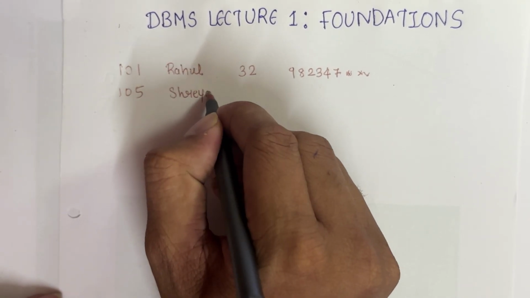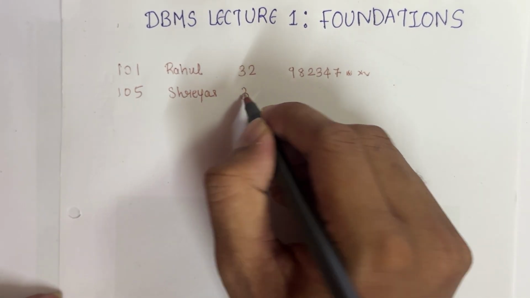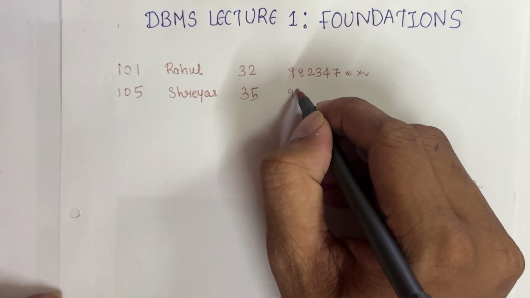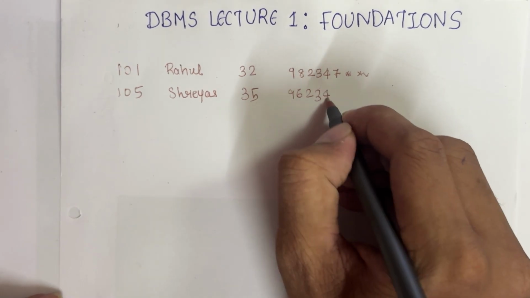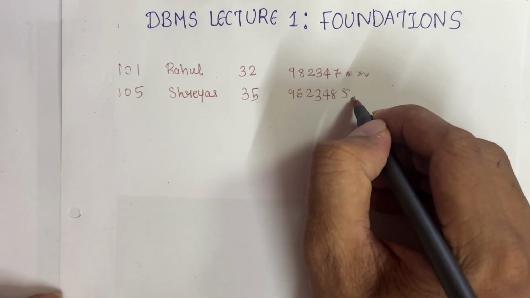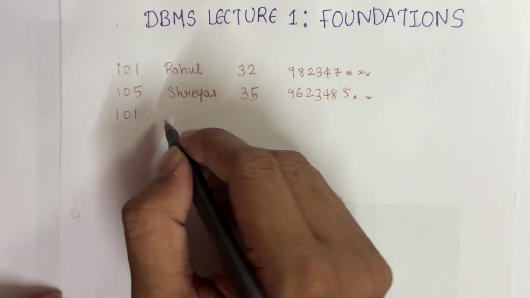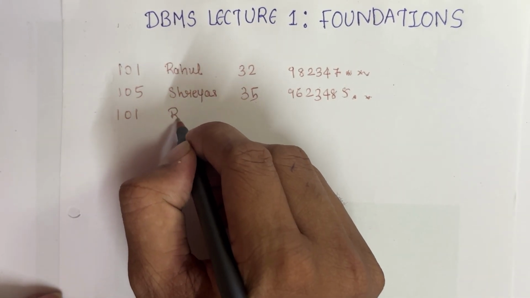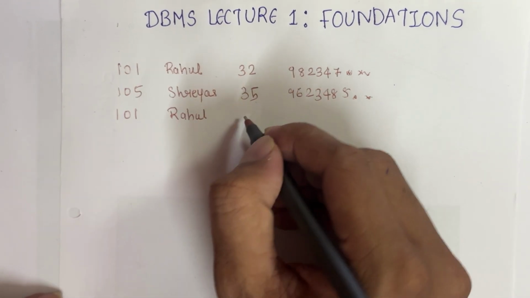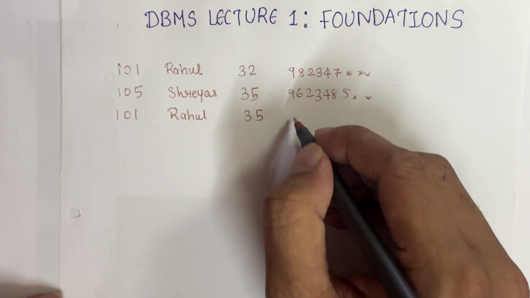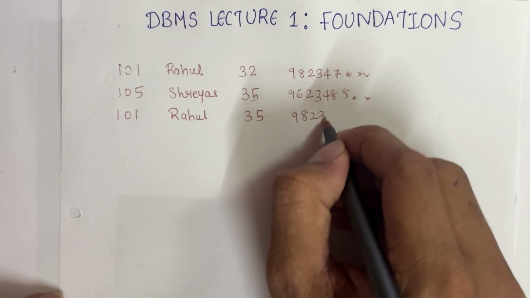That is 35. And we write his number. Again, the same student has been allotted, or a student of the same name has been allotted another room, 35. And the rest of the details remain the same.